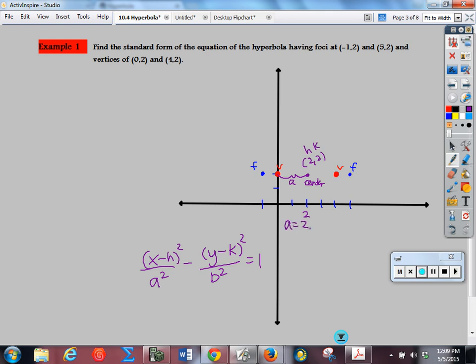But I do have the foci, which is going to tell me C right there. What is C? 3? Okay, what's the relationship on a hyperbola with the A, B, and C?